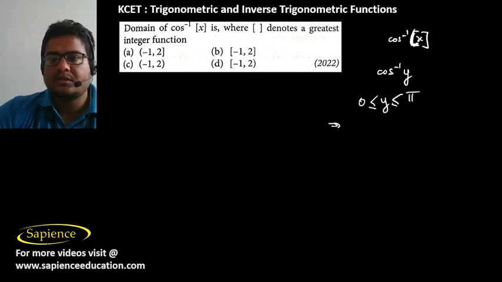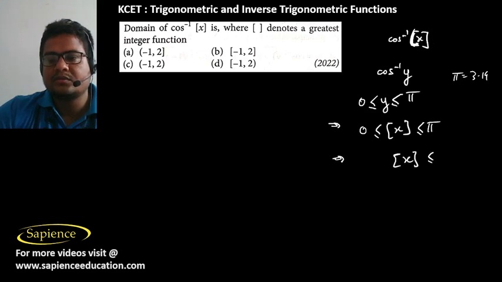So it means here bracket x should go from 0 to pi. Now pi means it is 3.1416. So it means that bracket x can go from 0 to 3 actually, greatest integer function.